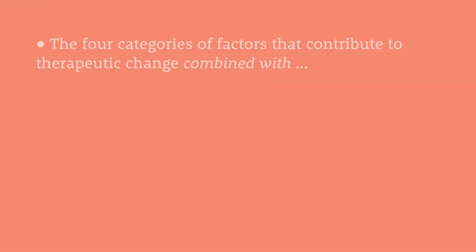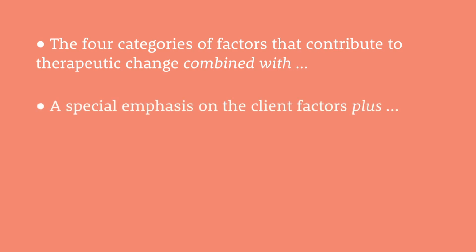The 7 processes of supporting change, which represent the first part of the CPCAB model, are based on the 4 categories of factors that contribute to therapeutic change. These are combined with a special emphasis on client factors. Because researchers have identified client factors as the most important, the model places the helpee or client at the centre of the work.